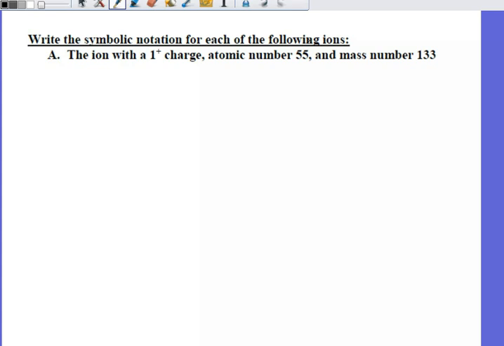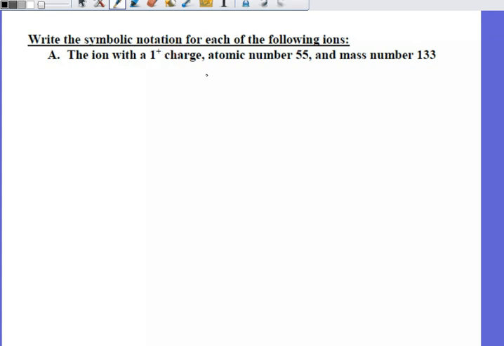So the difference between an ion and an isotope: we already said that an isotope has different numbers of neutrons. An ion is when you have an element that has lost or gained electrons. So something with a positive charge is going to have lost negative charges. So this element right here has a +1 charge.